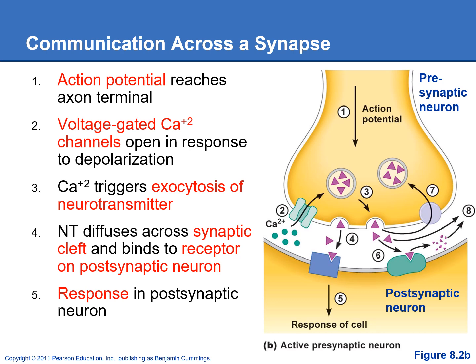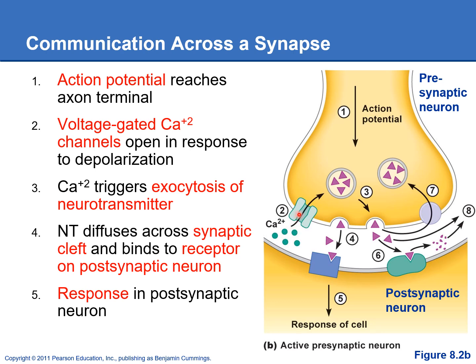So this is a really important picture to understand what's happening at the synapse, all these steps. So the first step, the action potential will travel down the axon and then reach the axon terminal. And in step 2, the action potential will trigger the opening of the voltage-gated calcium channels.